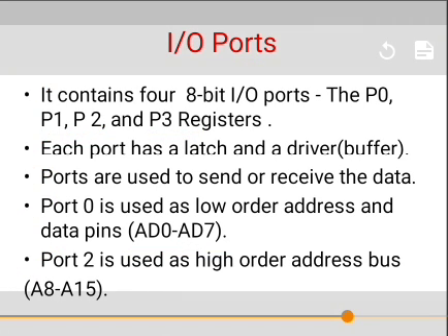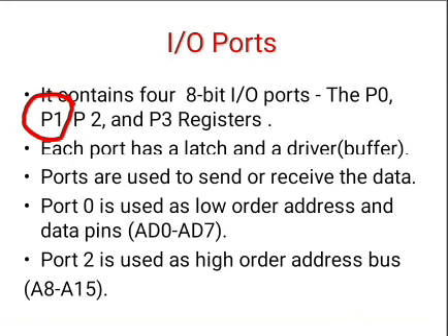Port 1 is a dedicated I/O port; it does not have any alternate function. Next, port 3 is used by timers, serial port, external interrupts, and for sending control signals, that means read and write signals to external data memory.